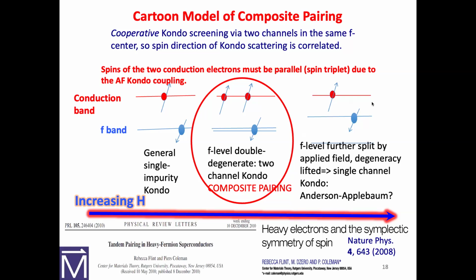Just the cartoon value, because I still don't understand all the calculations in there: if you look at the center one, the idea, from what I can understand in the paper, is that it's a heavy fermion, you've got a Kondo doublet, doubly degenerate. So now you can have two electrons scatter off a single F level, right? And as you crank up the field, the F level is going to split linearly. I had some other back-of-the-envelope calculations that were better, but it's just going to split linearly, so the energy of these two electrons that were supposedly bound is going to split linearly.